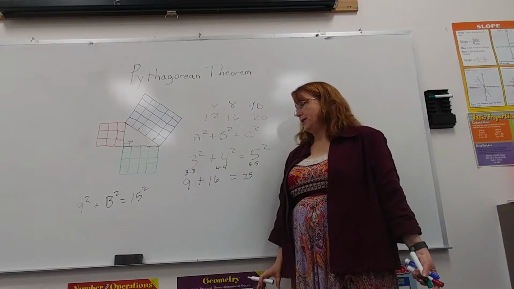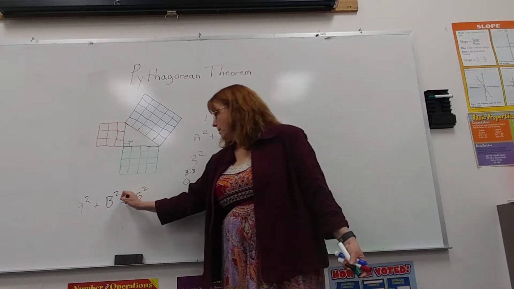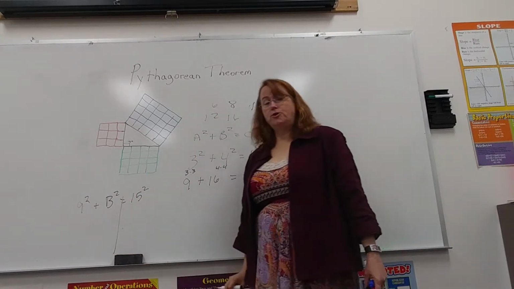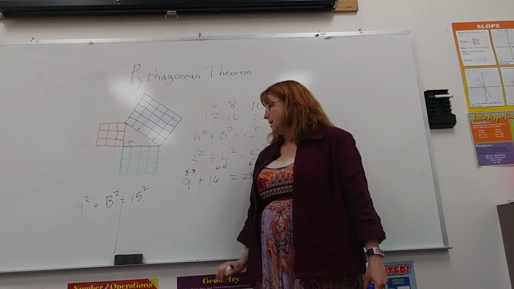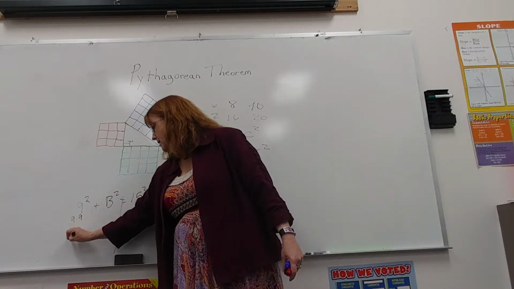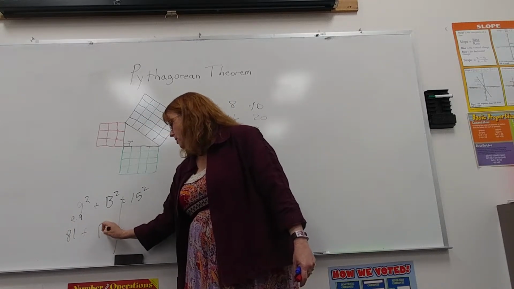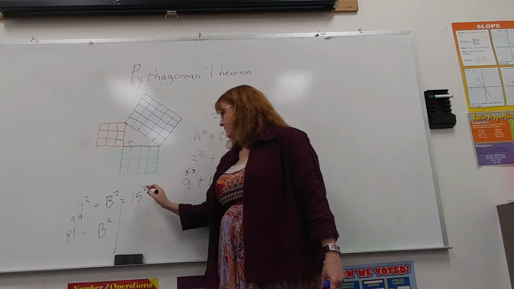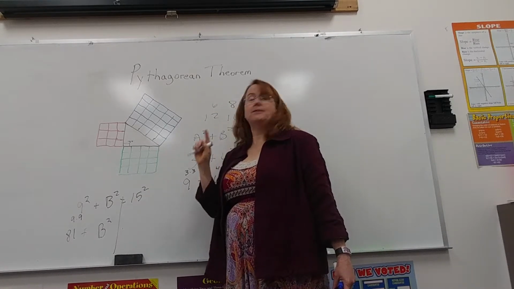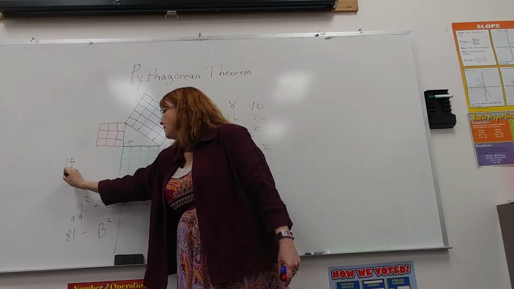And this is simply an equation that you don't have an answer to. Remember, we draw a line down our equal sign to create our equation. 9 squared means 9 times 9, which is 81. B squared, we don't know. That's our unknown. 15 squared, off to the side, you can take 15 times 15 if you don't know.